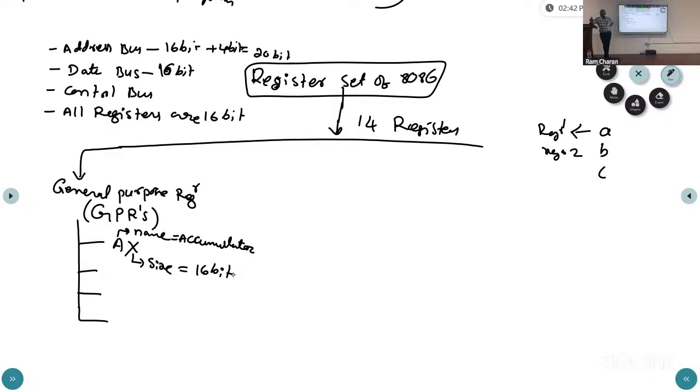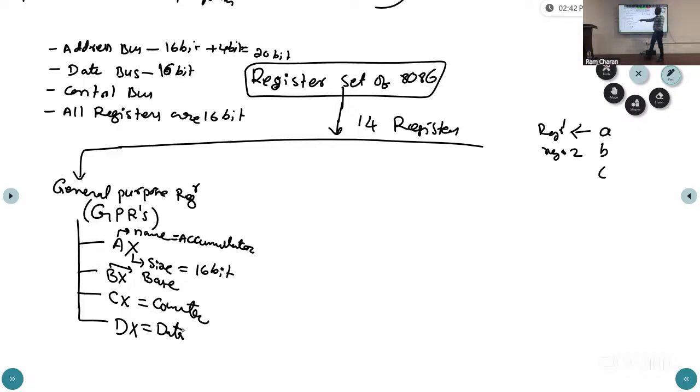Okay, that is AX. The second register is BX. Here also X stands for 16-bit and B stands for the name of the register, that is the base. And the third one, CX, is the counter. And the last one is the data register.